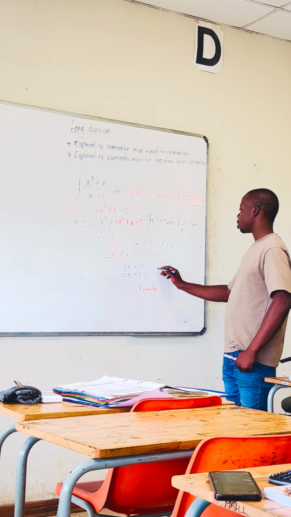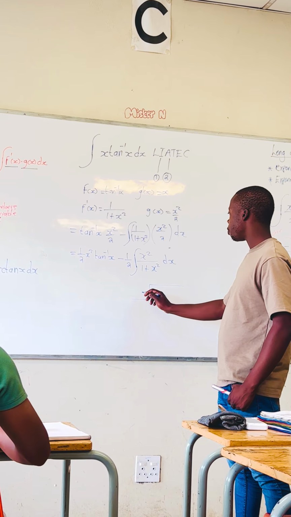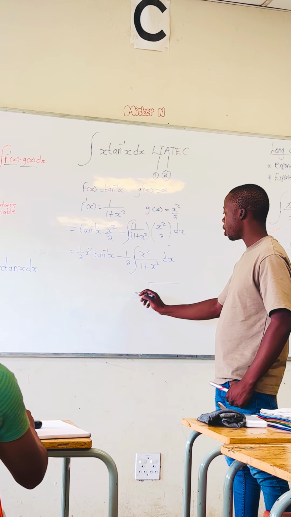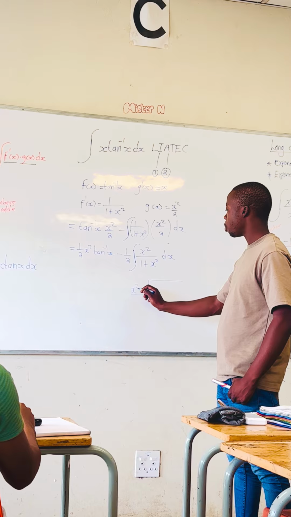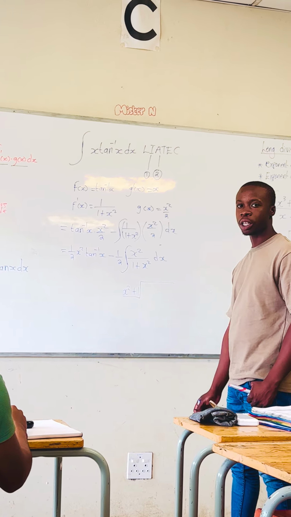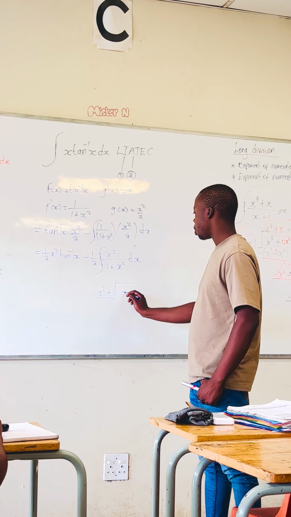So that's why here we say it's long division, because the degree is the same for the exponent. Power 2, power 2. So it's a proper one. So we're supposed to apply our long division by writing it in order. You start with the degree to the constant, and then inside you have that.